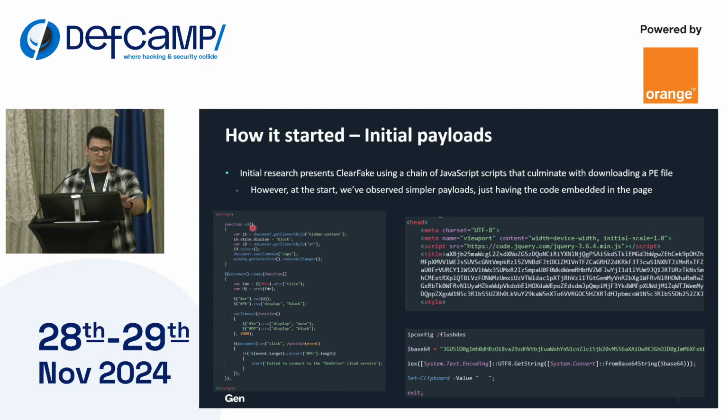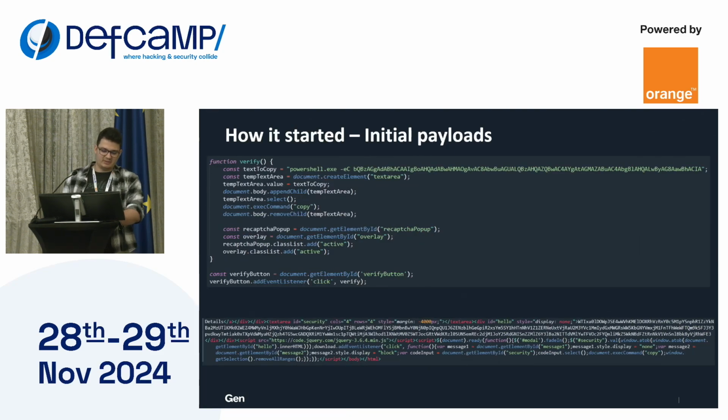And on the left side, we have the actual code that decodes that string and then just prints that PowerShell code and tells the user, hey, run me to update your browser or fix some error or whatnot. And over here we have the actual PowerShell script that's being run and decoded from that base64.